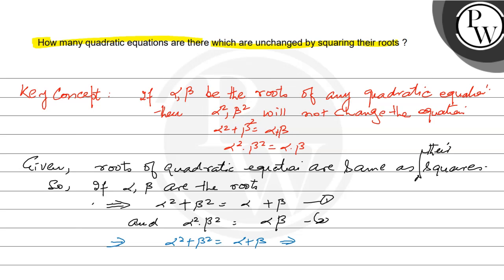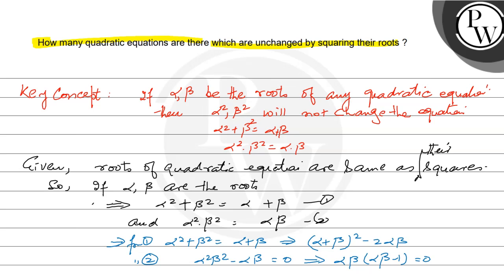If I am taking alpha on the left hand side, we can write it as alpha plus beta whole square minus 2 alpha beta. This is from first. And from second, what are we getting? Alpha square beta square minus alpha beta is equal to 0. That is giving alpha beta into alpha beta minus 1 is equal to 0.